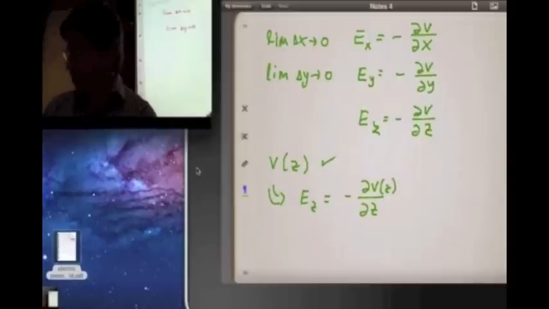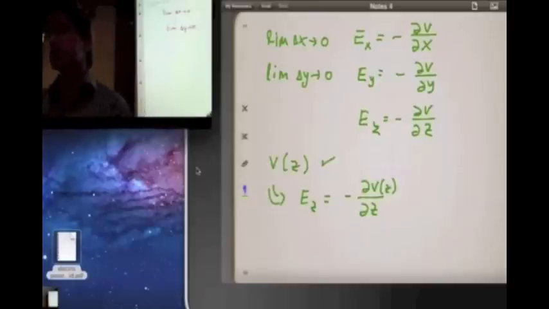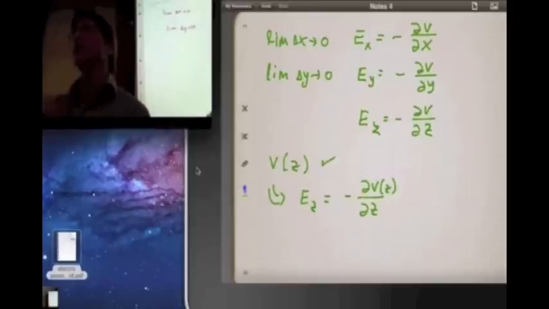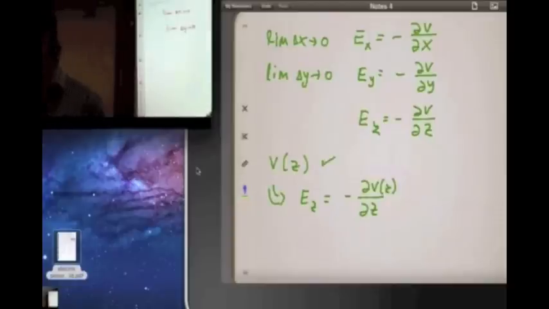So that is when you can take a derivative, because you know the function, the potential as a function of the variables. But if you only know the potential at some discrete points, then you want to use the approximate expression we just discussed. You take delta V, you divide by delta x, and you say that this is an estimate of your electric field in that region.